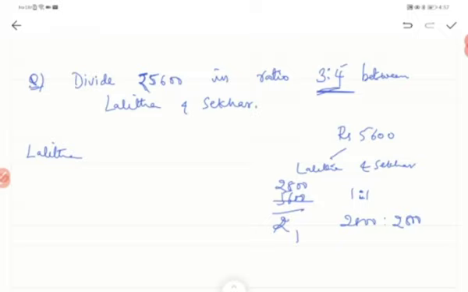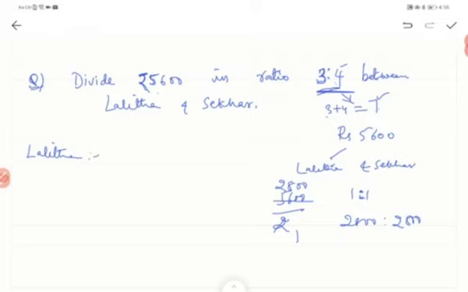So first of all, 4 plus 3 is how much? 7, isn't it? The ratio is given as 3 is to 4. When we add 3 plus 4, it is 7. So out of 7 parts of this money, 3 parts should be given to Lalita and 4 parts should be given to Shekhar.